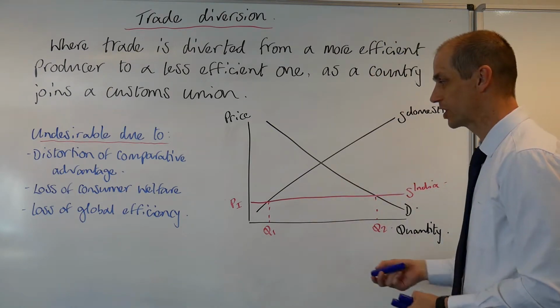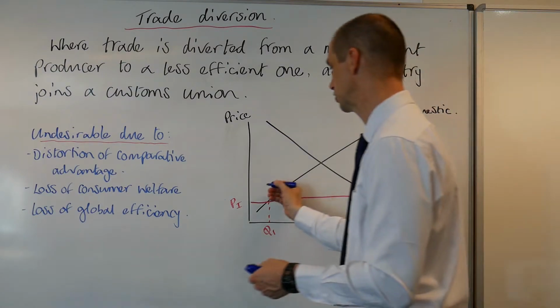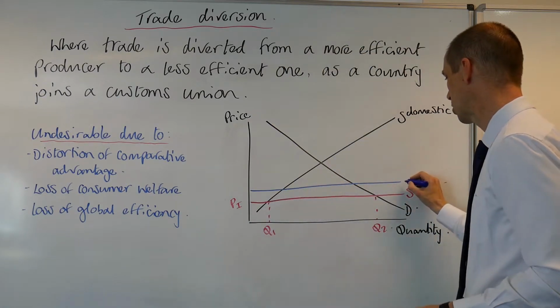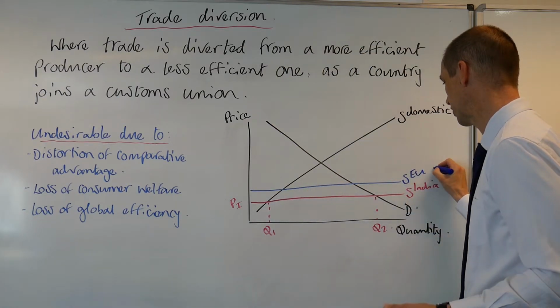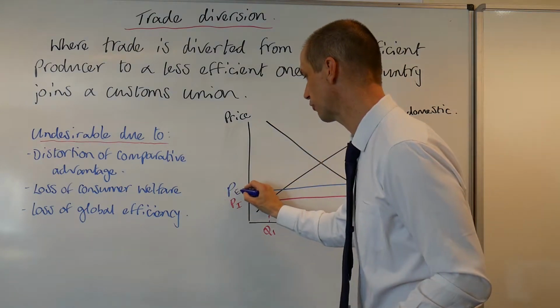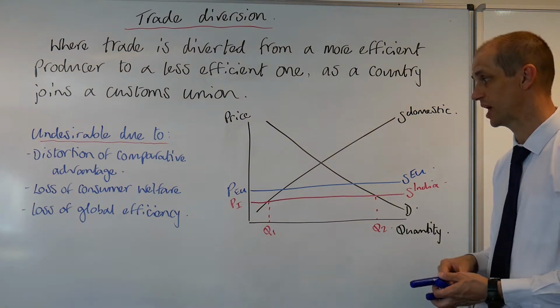So what now occurs is the fact that if we join a customs union, well, who would we now buy from? Would we buy from the EU perhaps, or would we buy from India? Well, we've got to remember there's that common external tariff here.